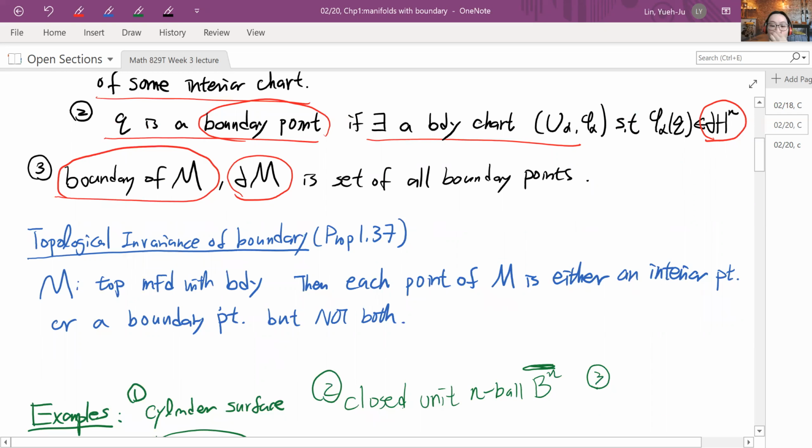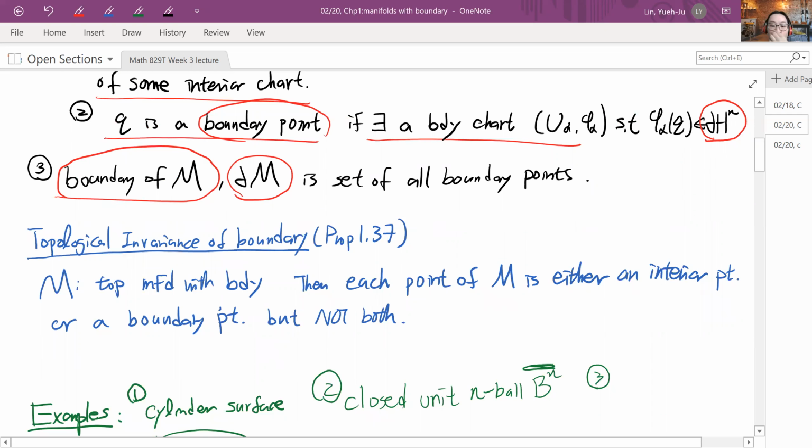Let me give you an example of why this is the case. Think about H1, which essentially is a half interval, right? R1 is the whole line. H1 should be a closed half interval. Now think about if you take the product of this closed half interval with itself.